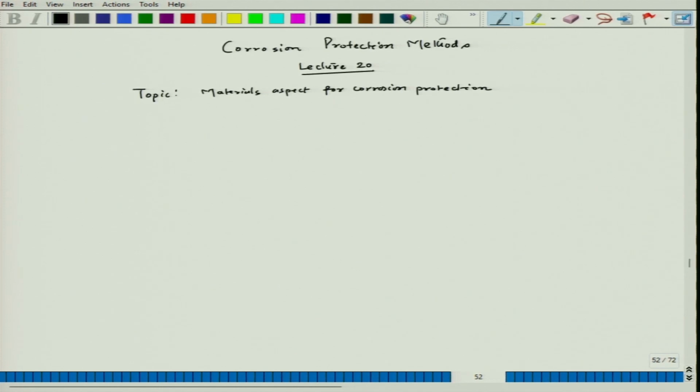And today we would talk on the selection part. How would we go for a selection of material for a particular corrosion medium?